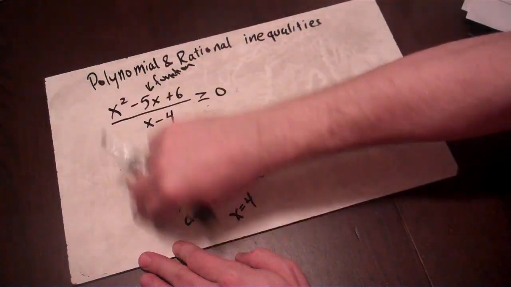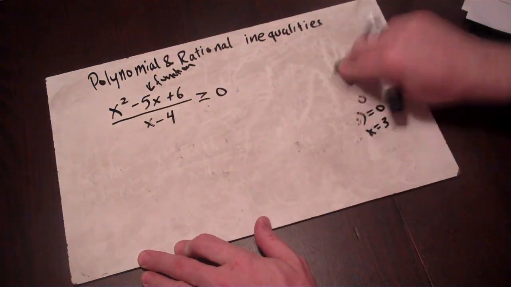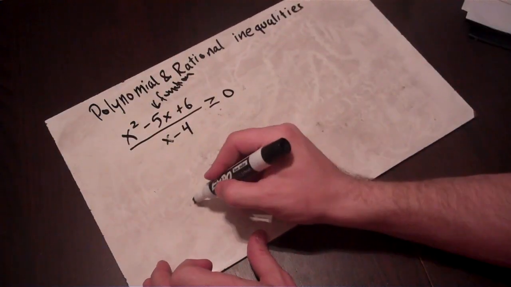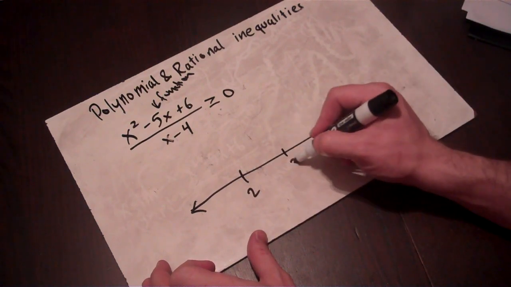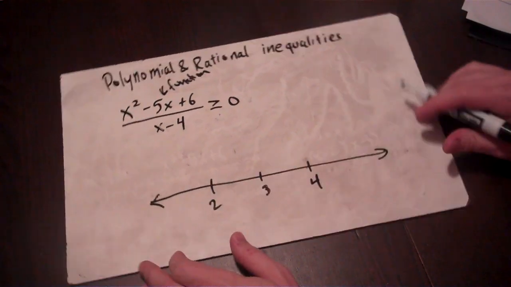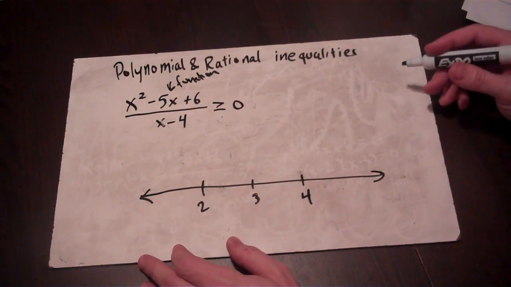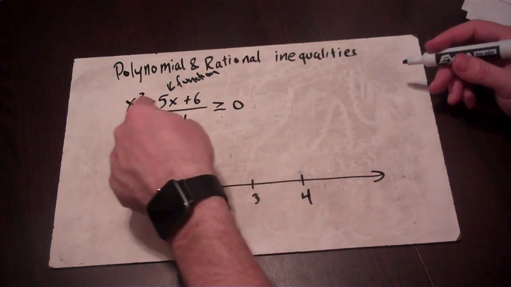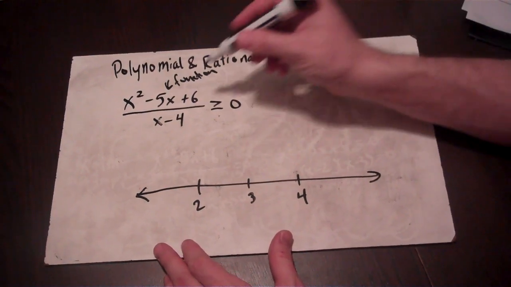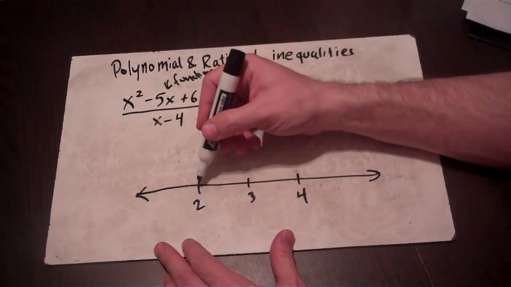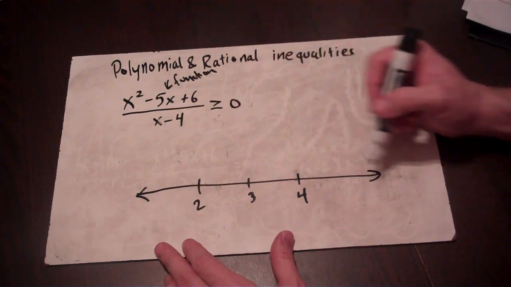So if we put this on a number line, at 2, 3, and 4, those are the possible spots where the parabola, or in this case it's actually a rational expression, is bigger than or equal to 0. It's going to have endpoints at 2, 3, or 4.